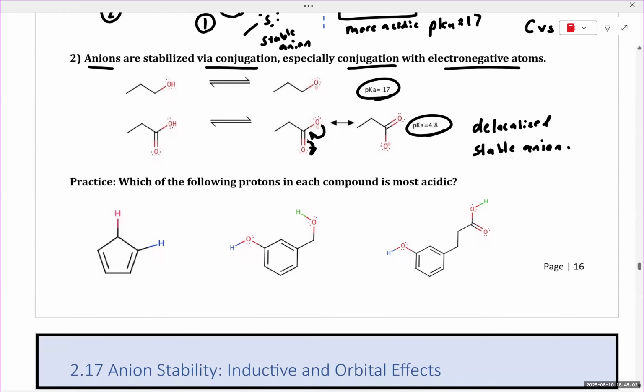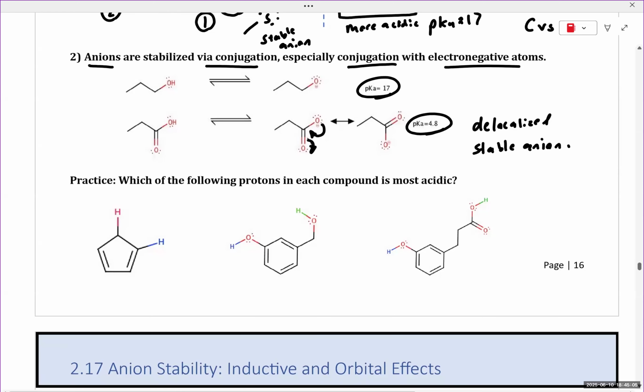So, when in doubt, you'll want to consider and draw the conjugate base anion. So let's do some examples. Which of the following protons in each compound is most acidic? Here we have an allylic versus a vinylic hydrogen. If we compare the 2 possible conjugate base anions, we have the following anion versus this vinylic anion.